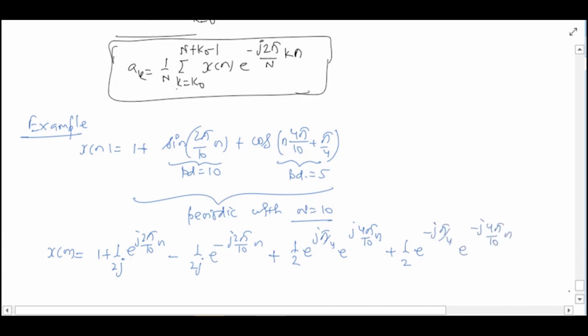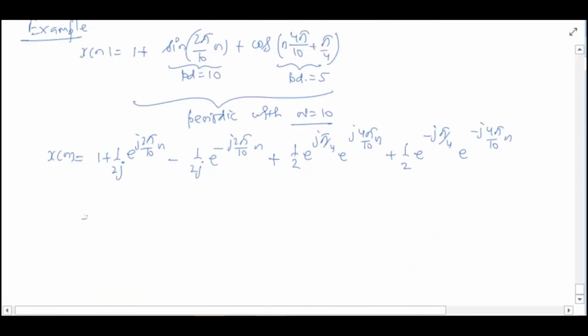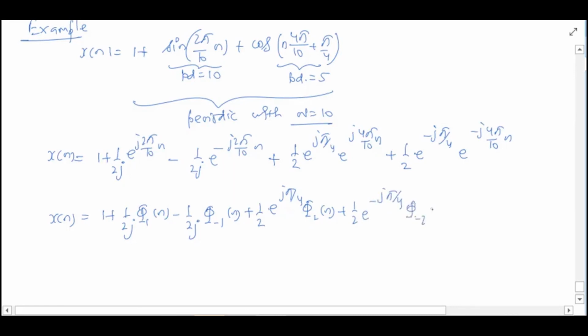Okay, so in this special case we see that x[n] is equal to 1 plus 1 over 2j phi 1 n minus 1 over 2j phi minus 1 n plus half e raised to j pi by 4 phi 2 n plus half e raised to minus j pi by 4 phi minus 2 n.